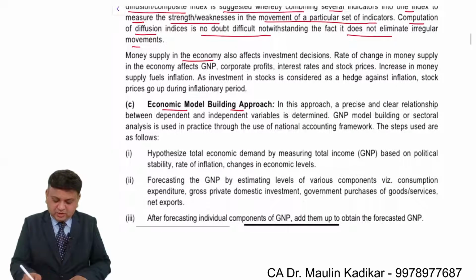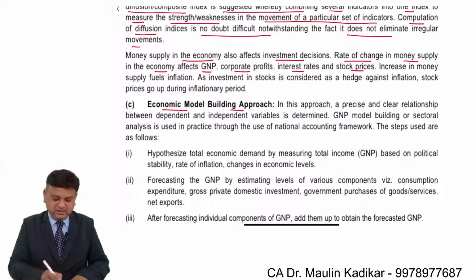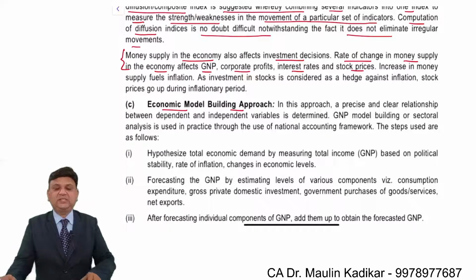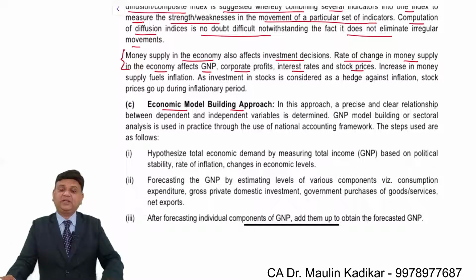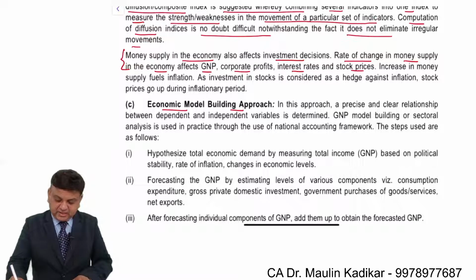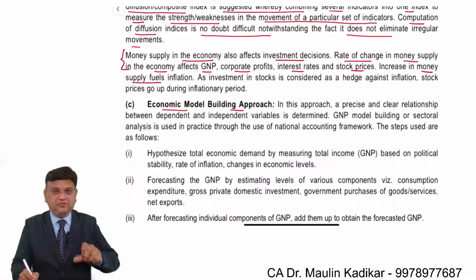Money supply in the economy also affects the investment decision. Rates of change in the money supply affect GNP, corporate profit, interest rate, stock prices. So all these things you can relate with the systematic risk that we study in the portfolio management chapter. Increase in the money supply fuels inflation.